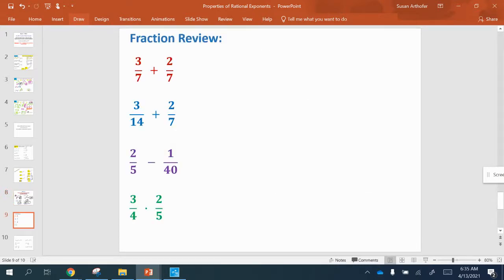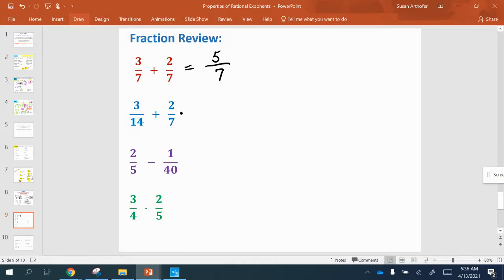Okay, and then we also reviewed fractions. So if your denominator is the same when you add or subtract, that's easy. You just keep the same denominator, so 7, 7, 7, and you just add the top. 3 plus 2 is 5. But when your denominator is different and you're adding or subtracting, you have to have the same denominator.